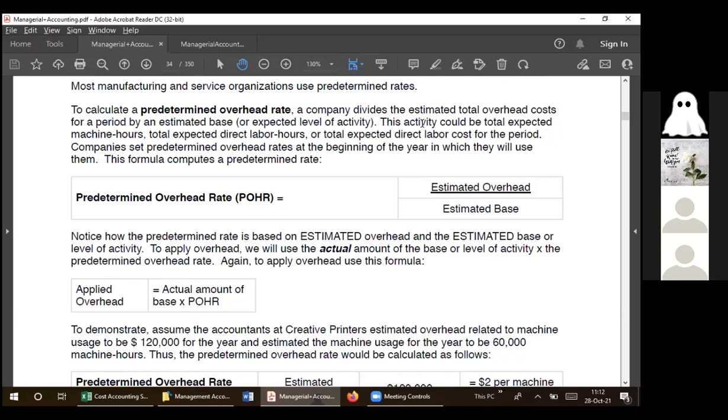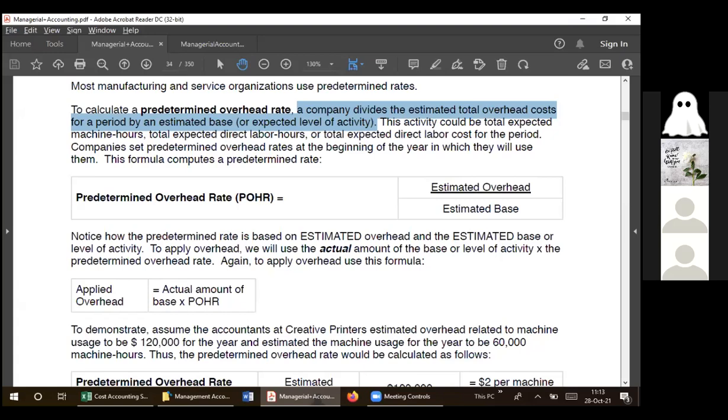So I know it is confusing. Yes. So let's go through that again. A company divides the estimated total overhead cost for a period by an estimated base or level of activity to give you a predetermined overhead rate.